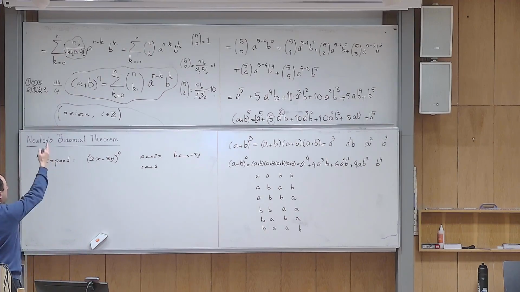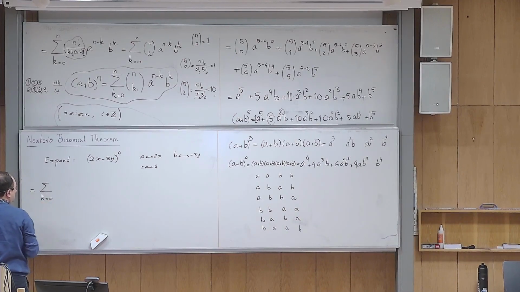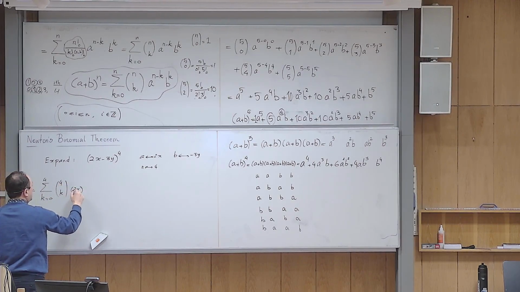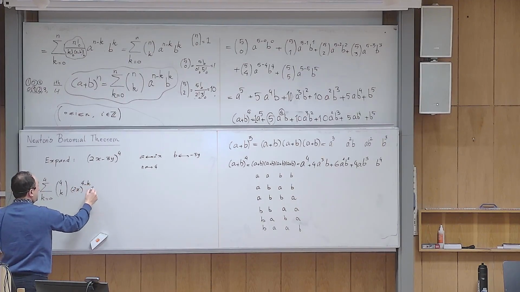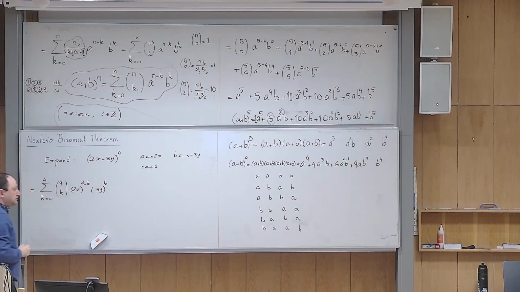And I place them in that formula. So this becomes equal to sigma, k is just a counter. You can choose whatever letter you want, except the ones that are used here. k goes from 0 up to n, but n is 4. Then I have 4 choose k, then a, which is 2x, to the power of n minus k, and then minus 3y to the power of k.